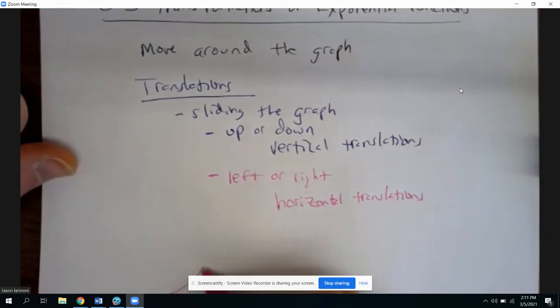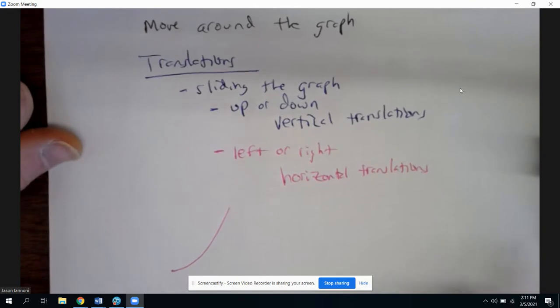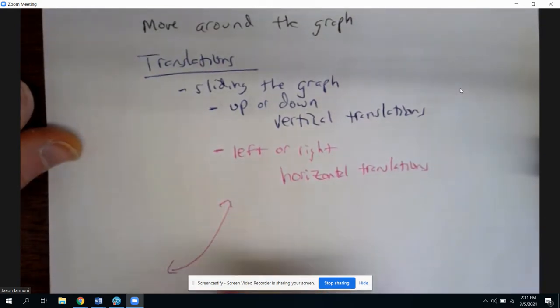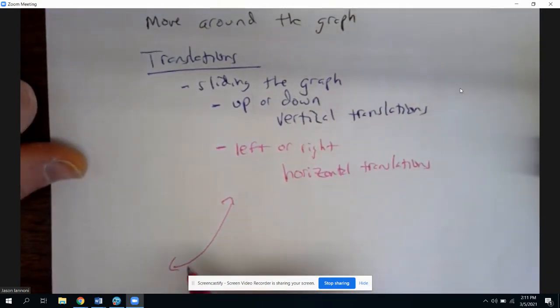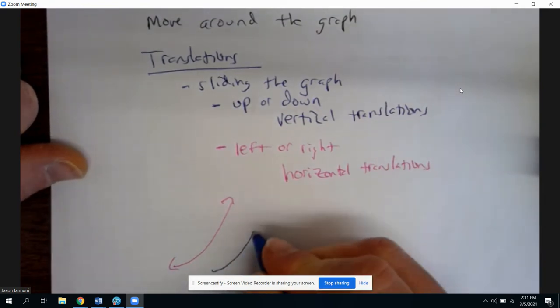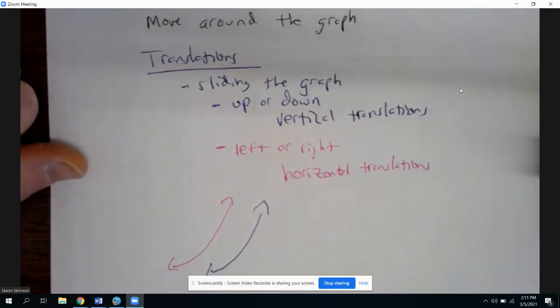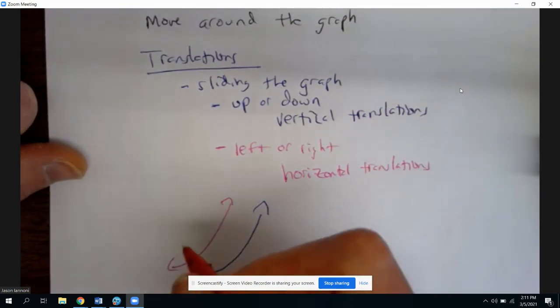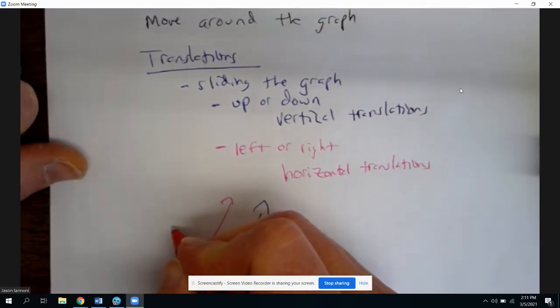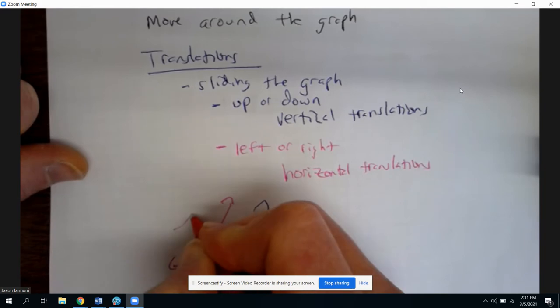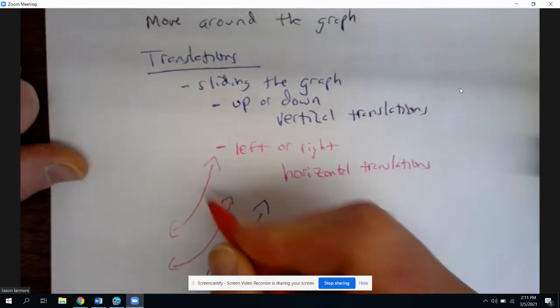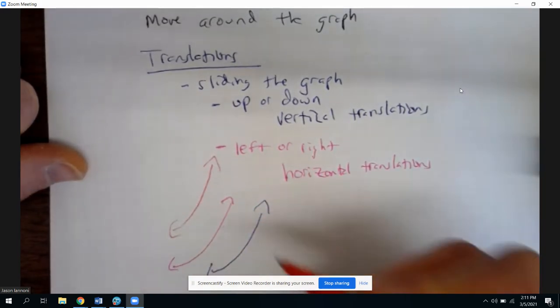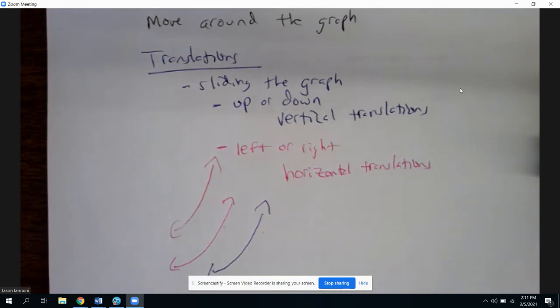We know what our exponential shape looks like. It's taking that and giving it a horizontal translation over here, or we could be translating it vertically up. So they all look the same. This is the same as that, is the same as that. It's just in a different location.